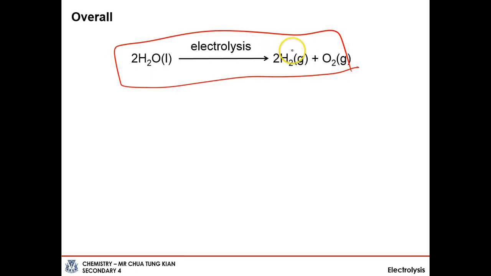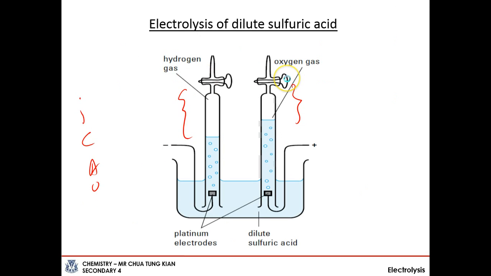You see that the mole ratio of H2 and O2 is 2:1. If you recall the earlier diagram, take note, 2:1. The volume of hydrogen gas collected is double that of the volume of oxygen gas.